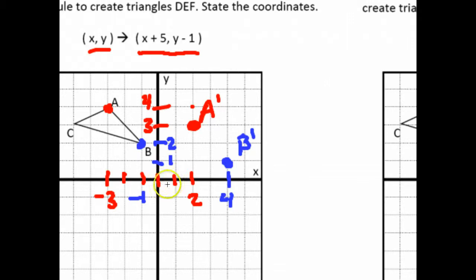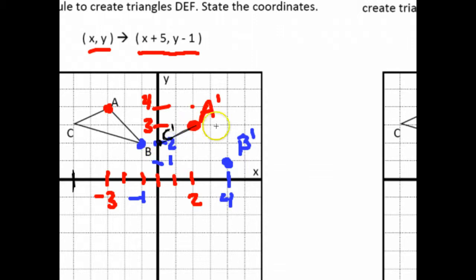C prime is here, but again, we've got 5 units to the right and 1 unit down. So we're going to go 1, 2, 3, 4, 5, but 1 unit down. So that'll be here. That's where my C prime is.